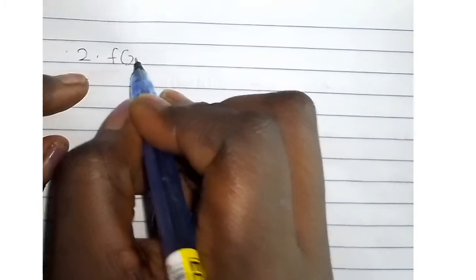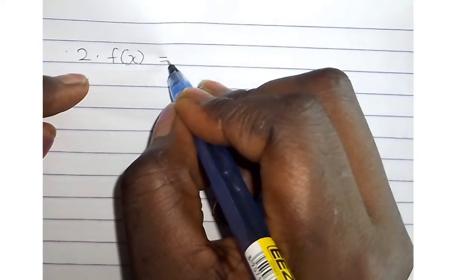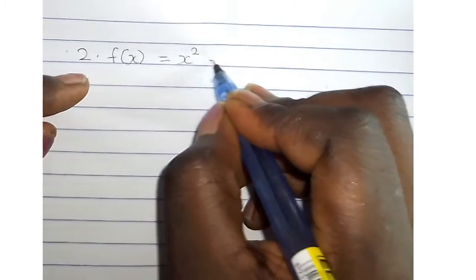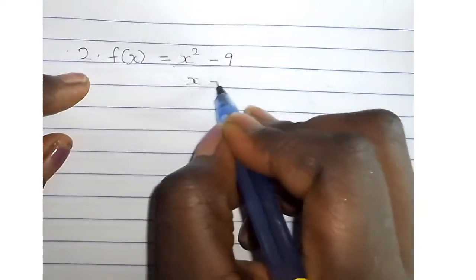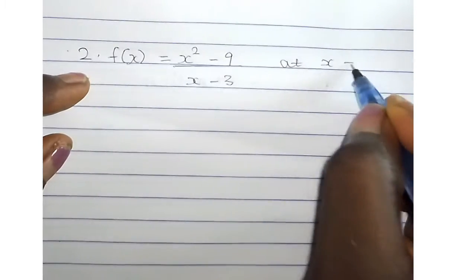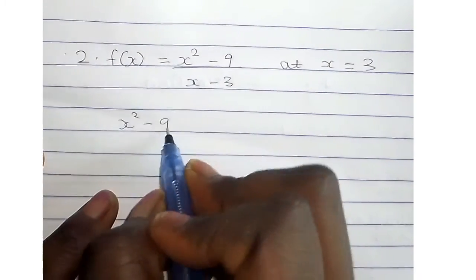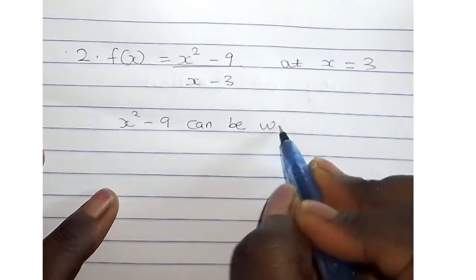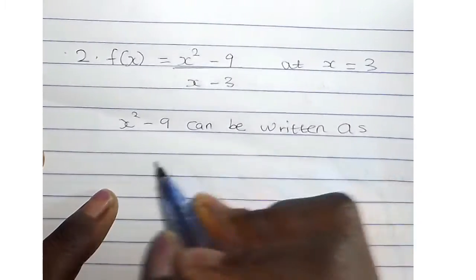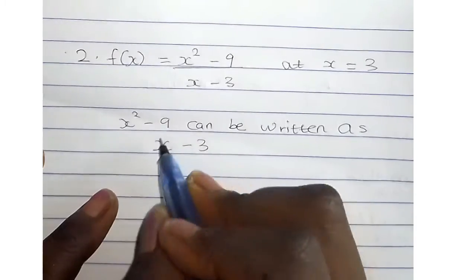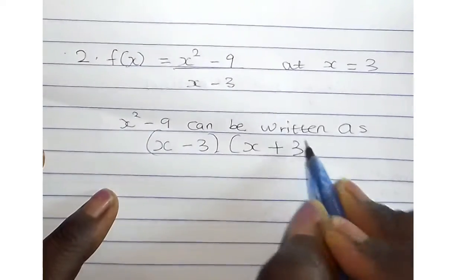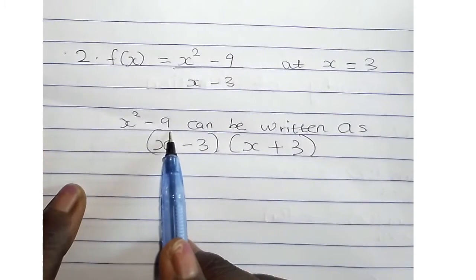Which is given a function f of x equal to x squared minus 9 over x minus 3 at the point x equal to 3. Looking at this function, the numerator is a difference of two squares. x squared minus 9 can be written as x minus 3 times x plus 3, since 9 is a perfect square and the square root of 9 is 3.